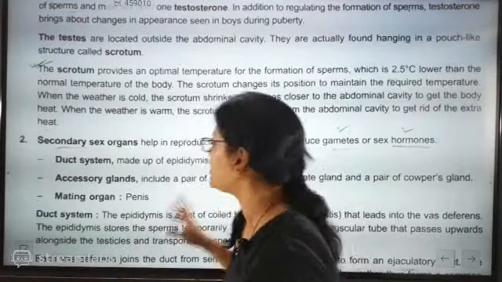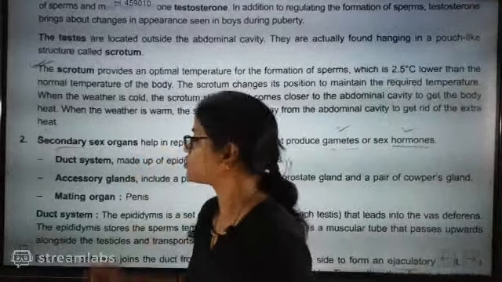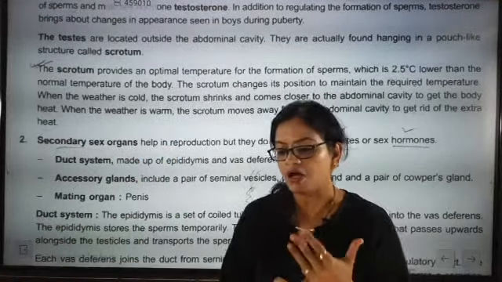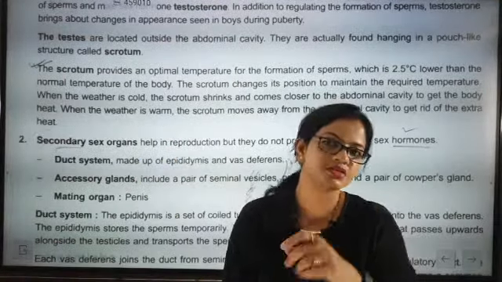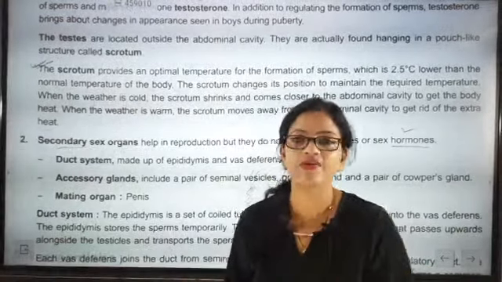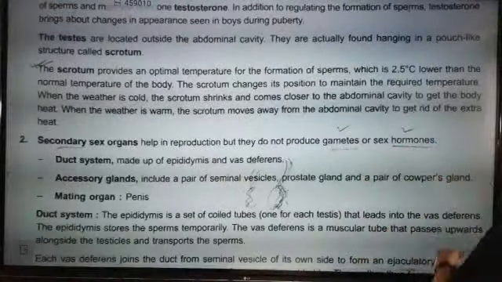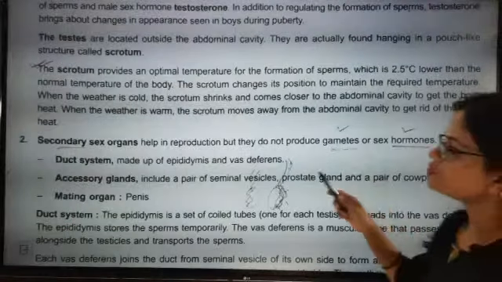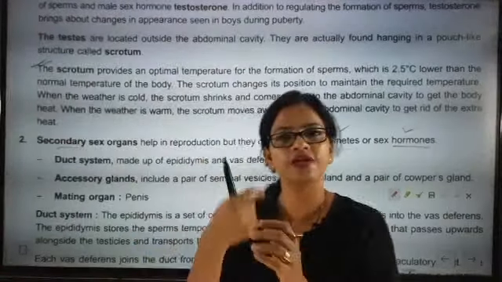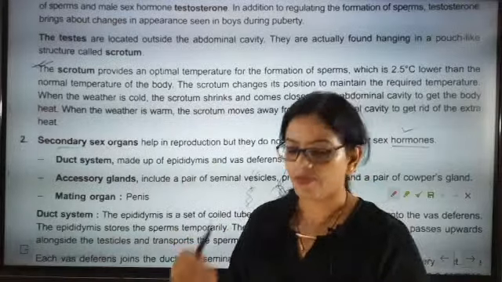Okay. Now the next important point is the secondary sex organs. I told you the four important parts. The first part we have already discussed, and that is the testis. Now in the secondary part, we are going to talk about how the sperms will come from the testis and go towards the female reproductive part.